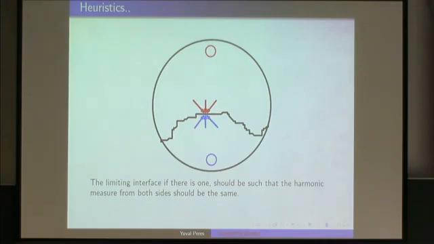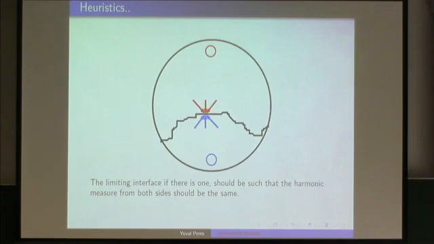And let's see, where is the chalk? Now, you may already know that the circular arcs have this property, but one way to see it is, it's clear if you have exactly a diameter and you have a blue source here and a red source here, then obviously by symmetry the harmonic measure on both sides here is the same.